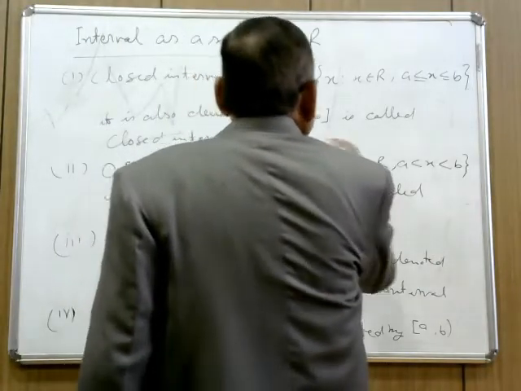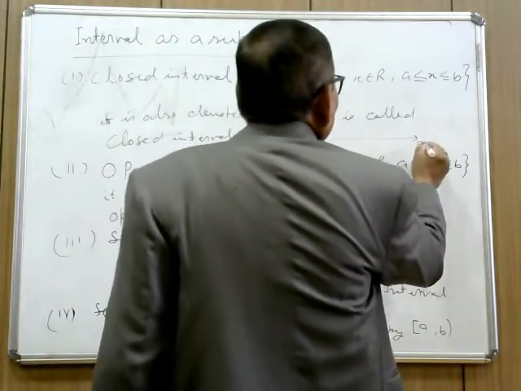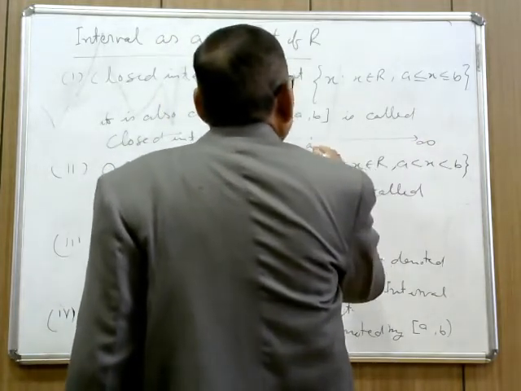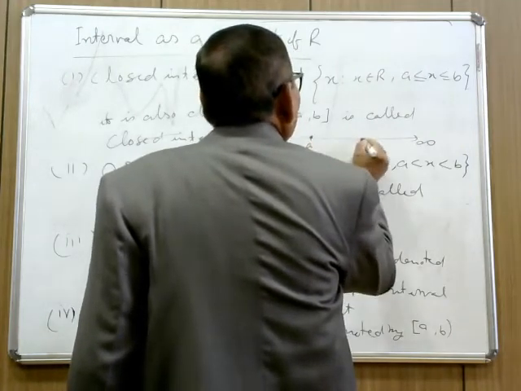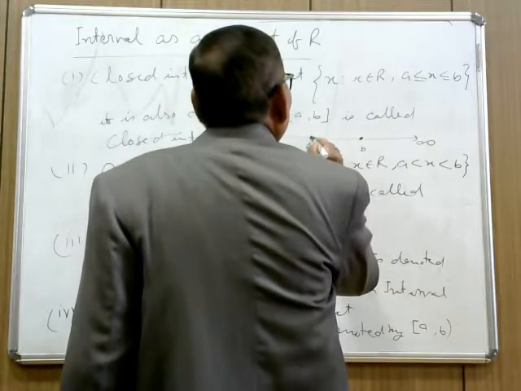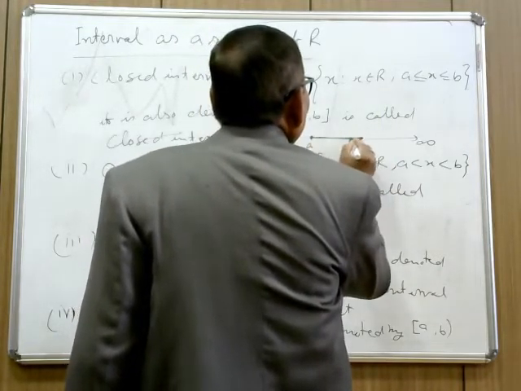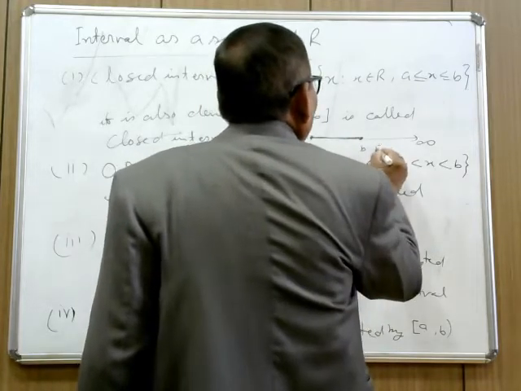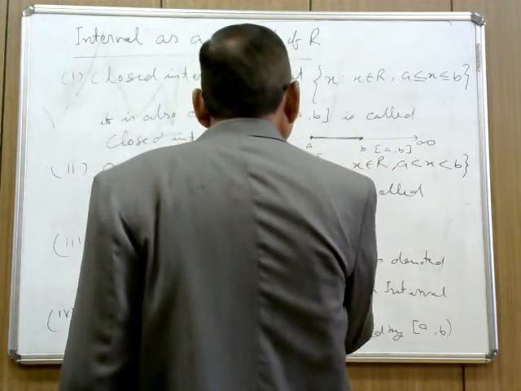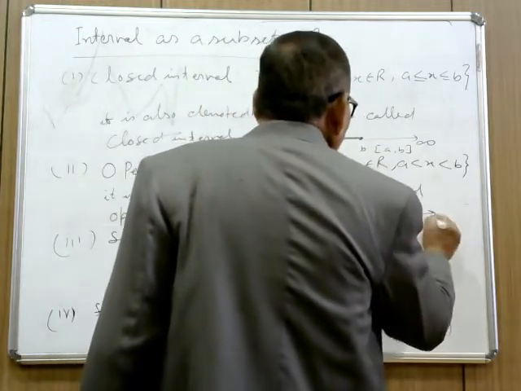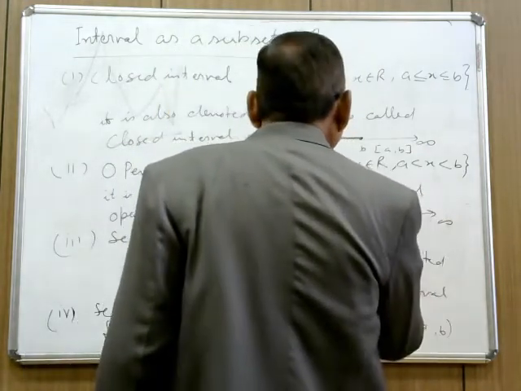Now you can denote it on the number line first. This is a real line, minus infinity to plus infinity. This is A, this is B. A and B both included, so I make it dark, and then this is also dark. This is the closed interval AB. When you represent second on the number line, make a real line from minus infinity to plus infinity.